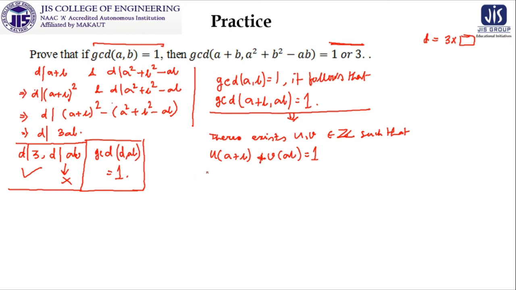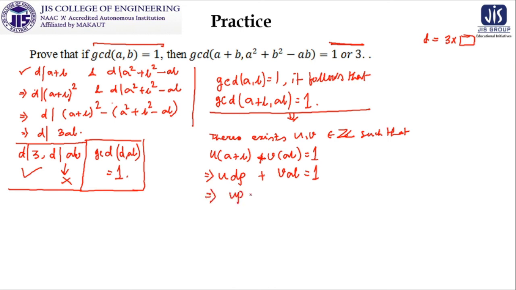So proceeding further, as D divides A plus B, we got it over here, we can write A plus B is equal to D into P. So here we can write U D P plus V AB is equal to 1. The next line is the most important line.